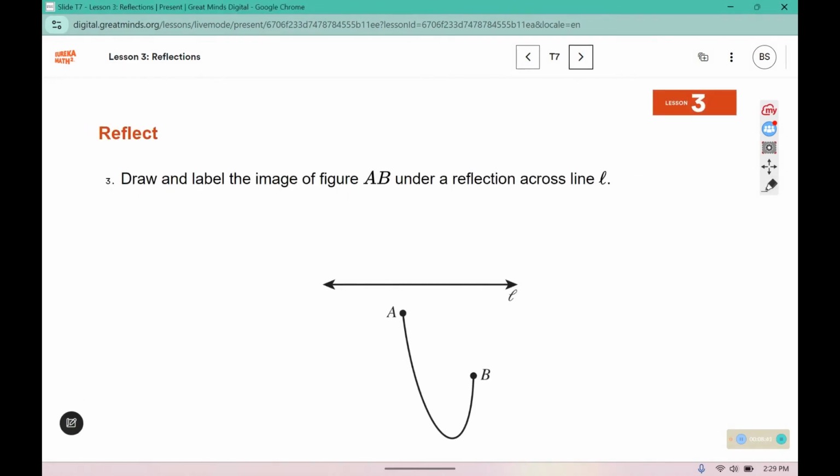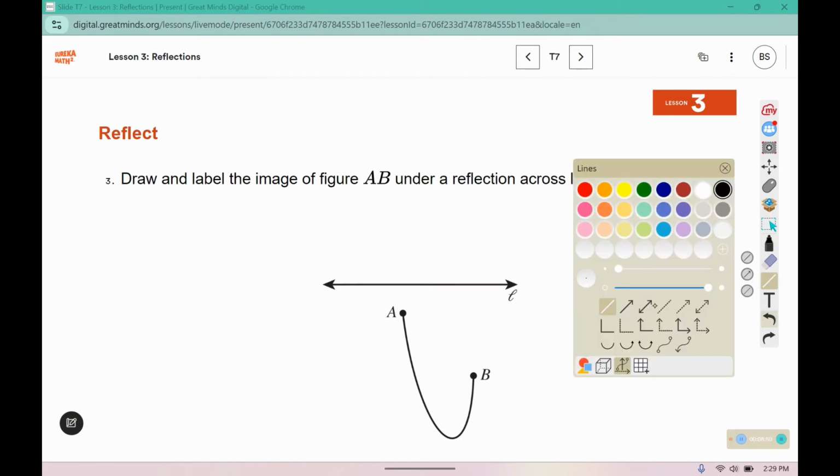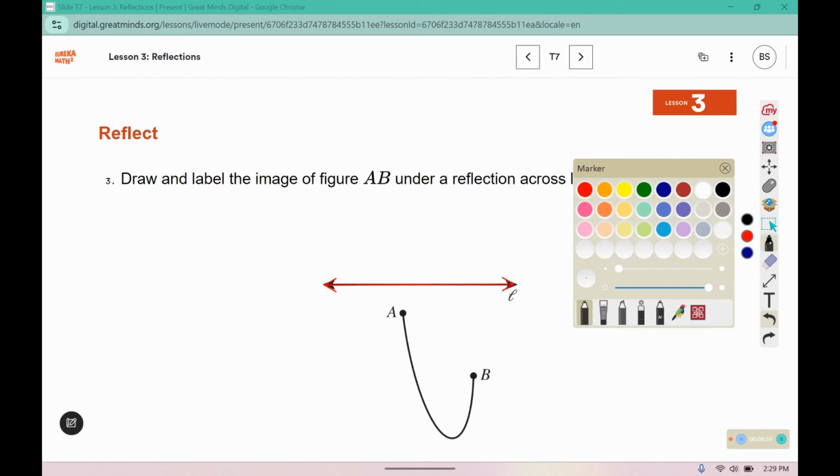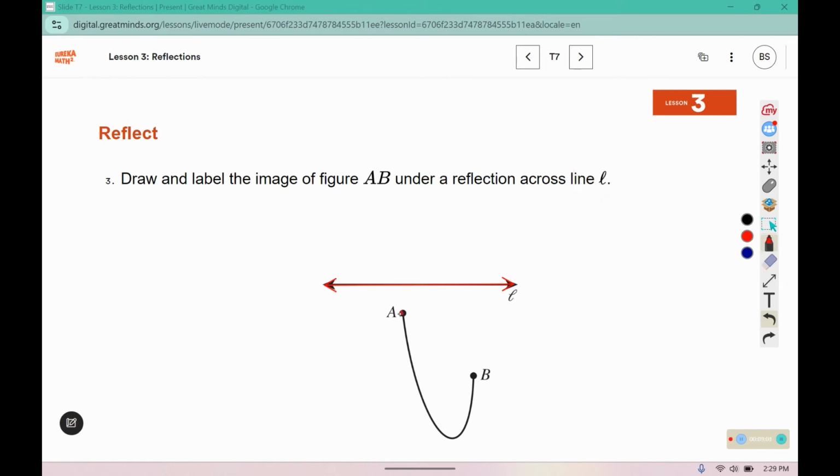Draw and label the image of figure AB under a reflection across line L. On our tracing paper, trace the line and the figure. Since this figure is a curve, we're just going to trace it as best we can.